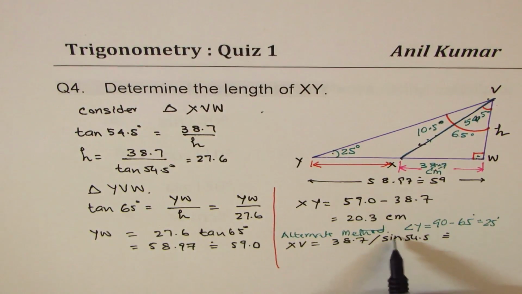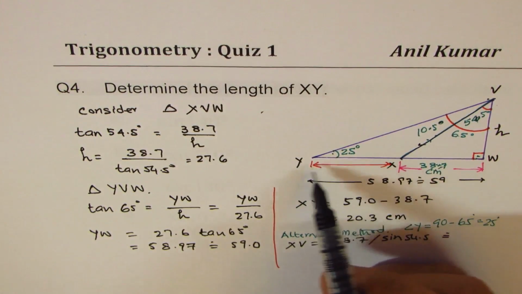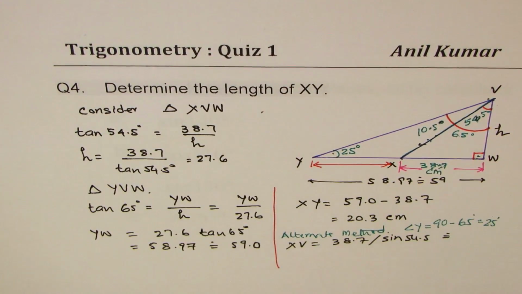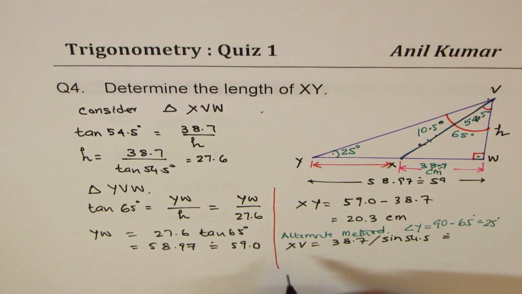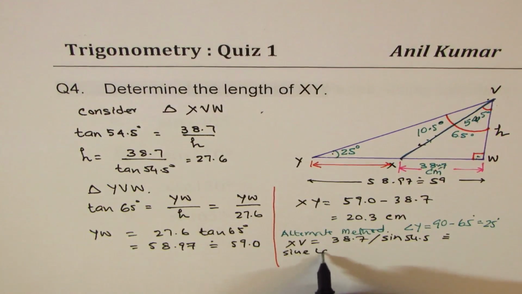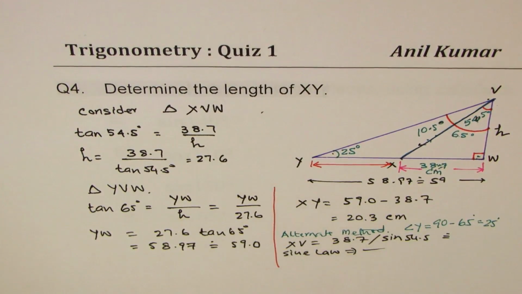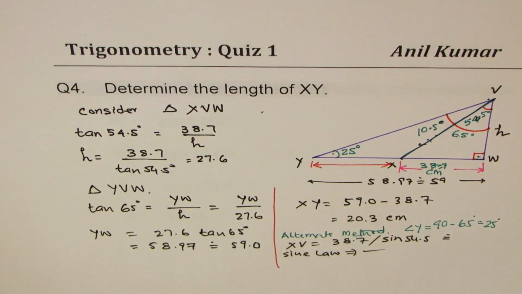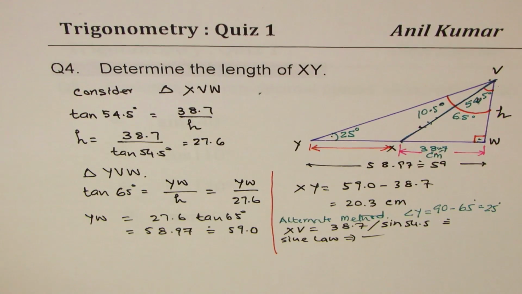Correct? So once you find this side, you can apply sine law to find YX, right? So that is the alternate method, apply sine law to get the answer. So I'll leave this second method for you to do, correct? So I hope the steps are clear to you. So you should do it, okay?